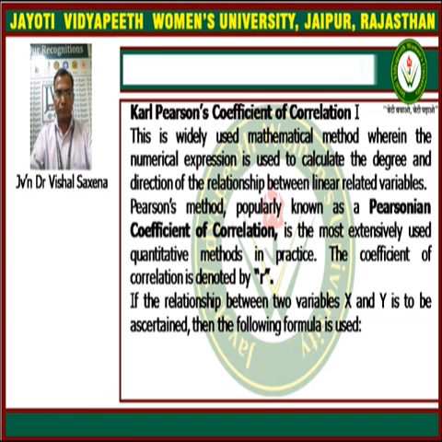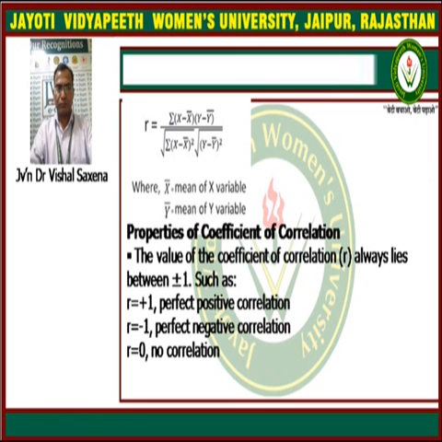The Pearson method, popularly known as the Pearsonian coefficient of correlation, is the most extensively used quantitative method in practice. The coefficient of correlation is denoted by small r, and if the relationship between the two variables x and y is to be ascertained, then the following formula is used.